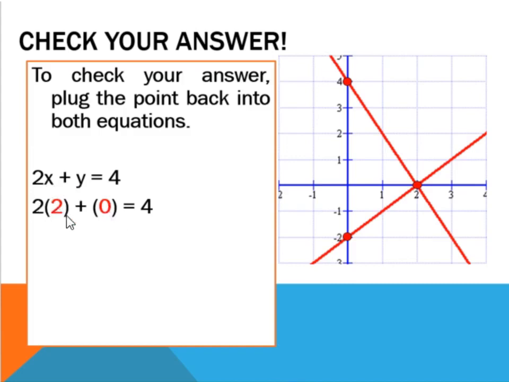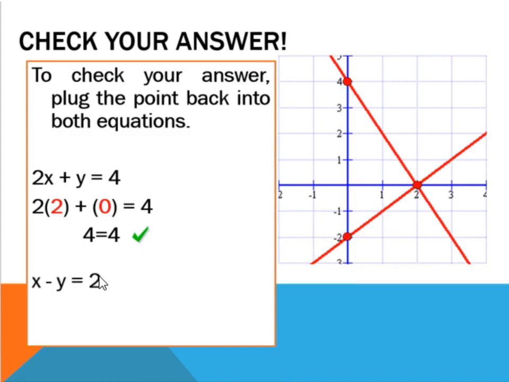So, 2 times 2 plus 0 is equal to 4. 2 times 2 is 4, and 4 is equal to 4. In that case, tama na ang value ng x ay 2 at ang value ng y ay 0 ay tama sa equation 1.